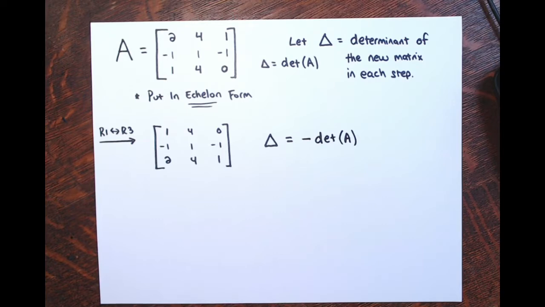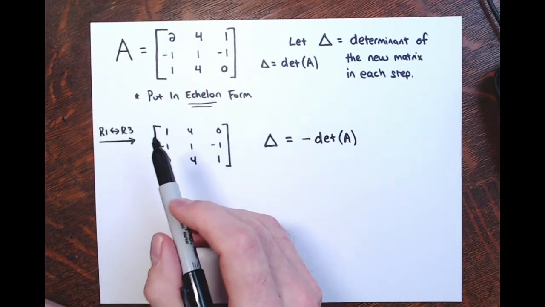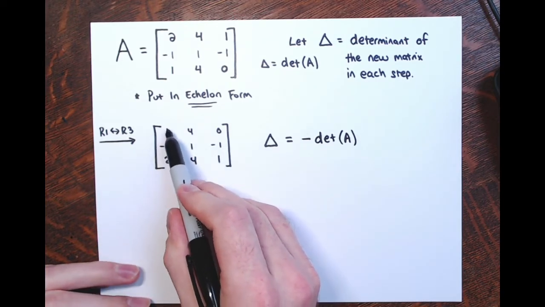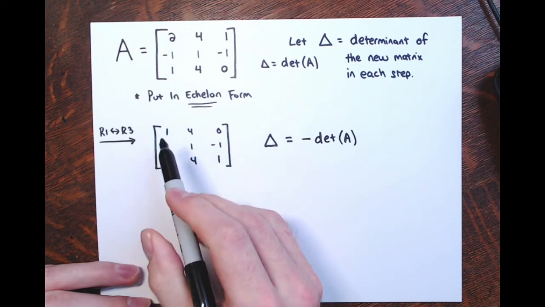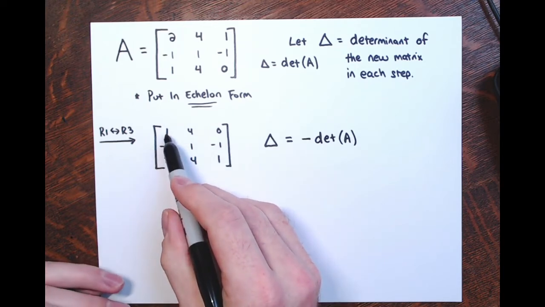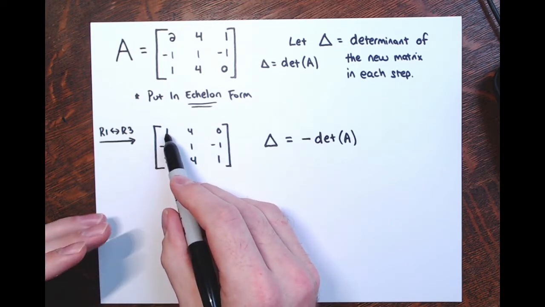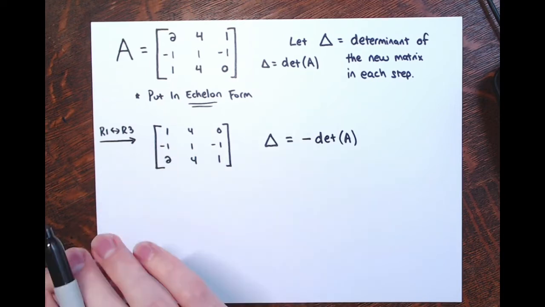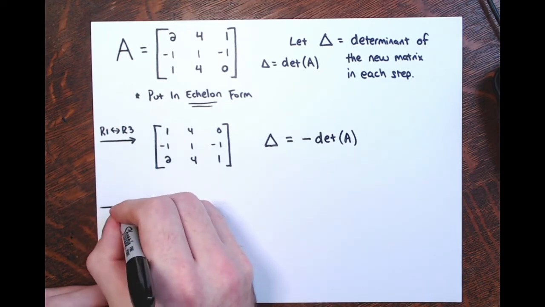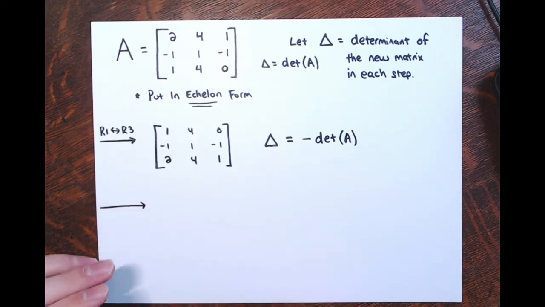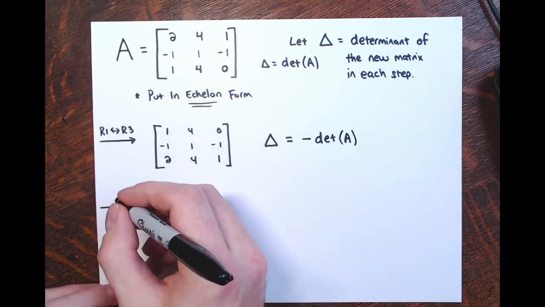Now, I'm going to take this pivot of 1 here. I want to get zeros below. I want to start putting this in echelon form. Now remember, if you add a multiple of a row to another row, it's not going to change the determinant. So I'm going to do those multiples at the same time.